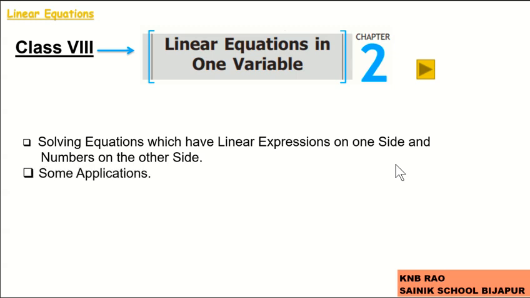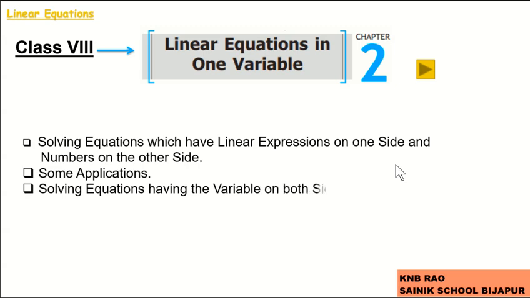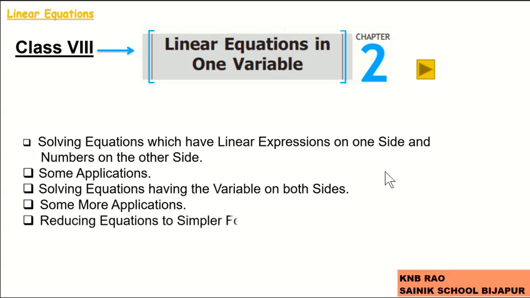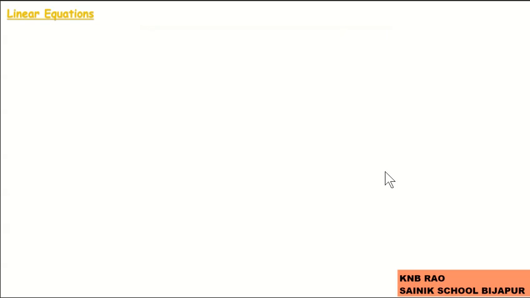Apart from this, you will be learning some more types of equations, such as solving equations having variable on both the sides and applications based on that type of equations. Later, you will be learning reducing equations to simpler form and equations reducible to the linear form, and you will finally conclude this chapter.